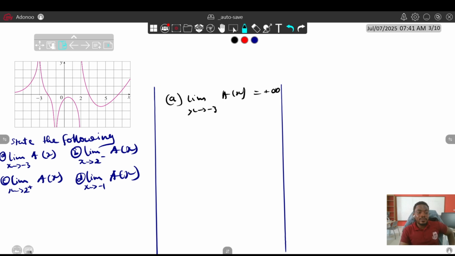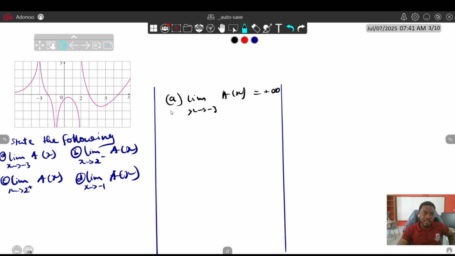And then let's look at it from the right. Again, from the right, as the values approach negative 3, it keeps increasing and goes up without bound. So it also increases and then the limit approaches positive infinity.